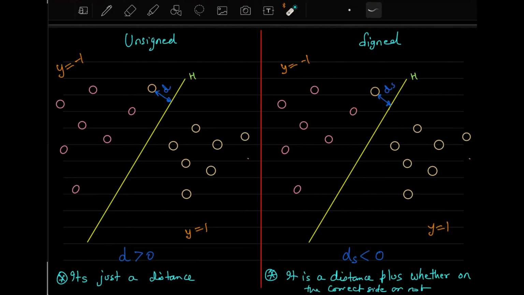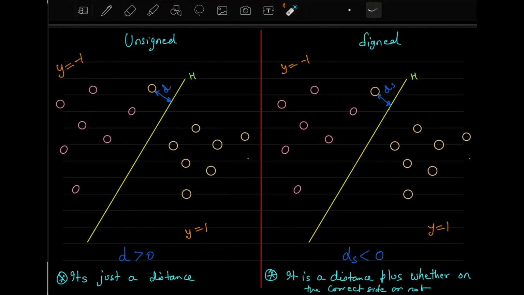If you calculate the unsigned distance, which is given by d here, you will notice that this value will always be greater than 0 and it's just a distance, always positive. So you cannot characterize this point because you are taking the unsigned value. Even though it's a misclassified point, you cannot incorporate it in your framework.